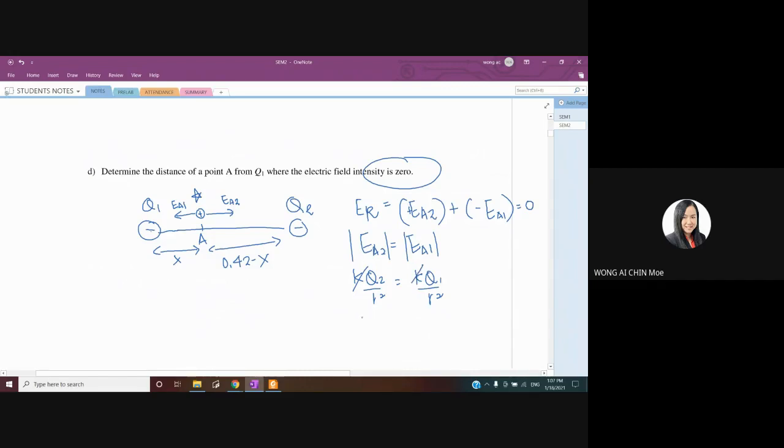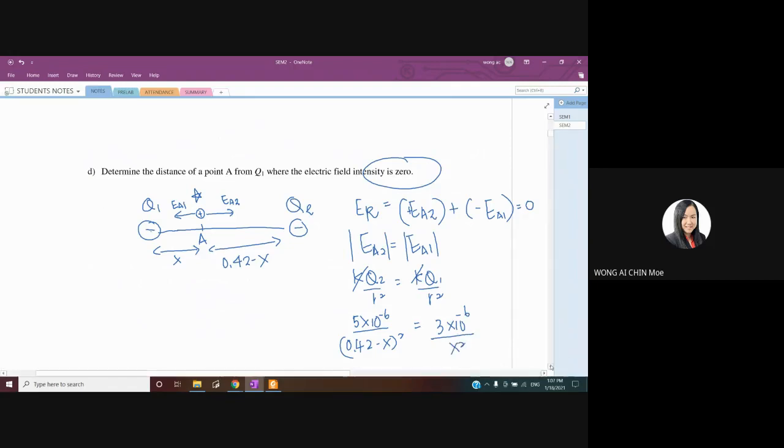Q2 is 5 times 10 to the power of negative 6, and the distance is 0.42 minus X squared. Q1 is 3 micro and the distance is X squared.